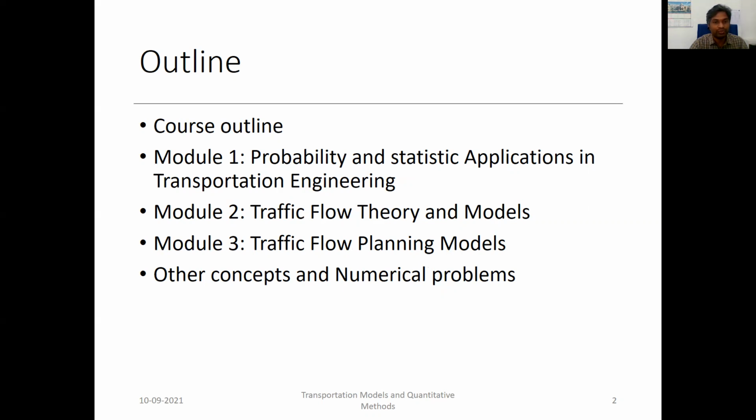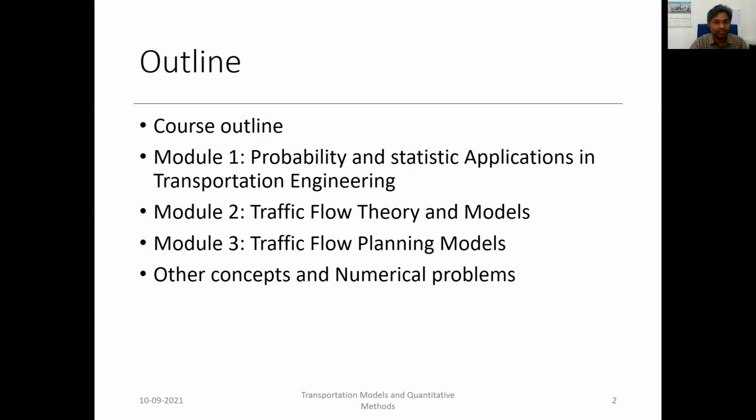And in module 2, we'll talk about traffic flow theory and model basics. How the transportation technology students are going to study traffic flow theory as well as the related analytical models. And in module 3, we are going to talk about the traffic flow planning models, which essentially comprise the 4-stage transportation planning process.